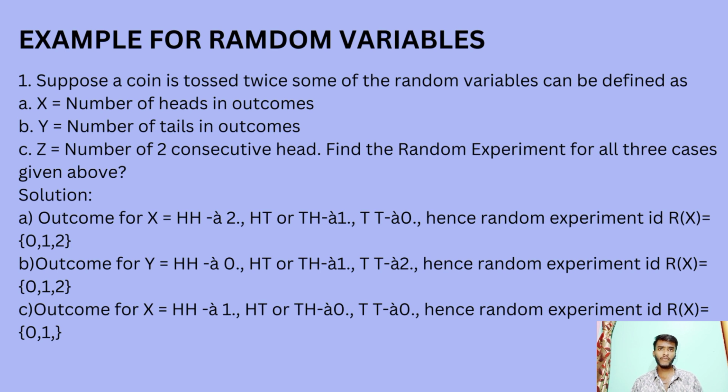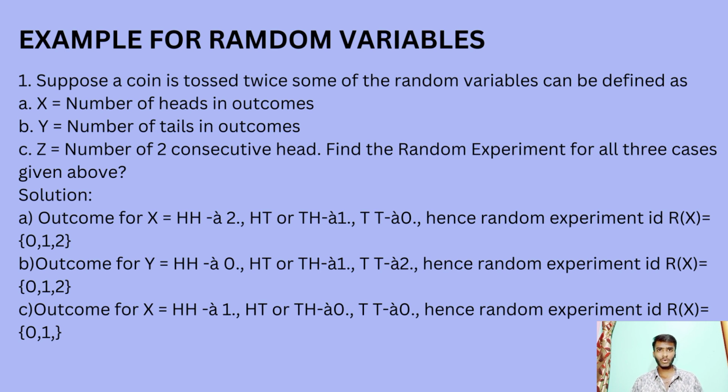Now let us see the solution part. A, outcome for x: head head is 2, head tail or tail head is 1, tail tail is 0. Hence the range of x is 0, 1, 2.